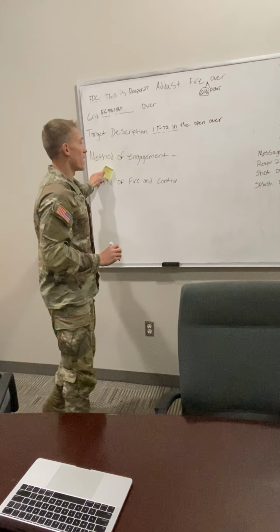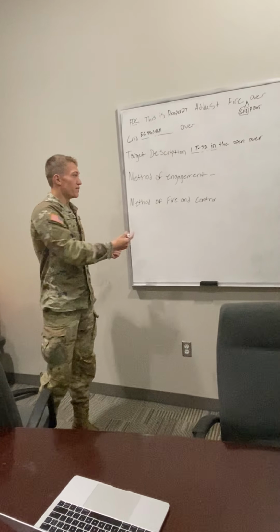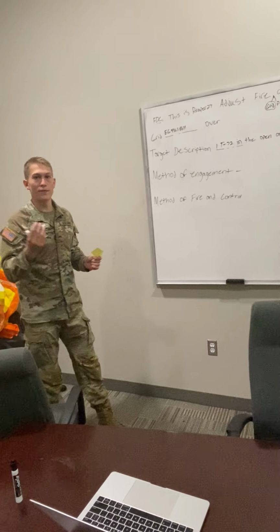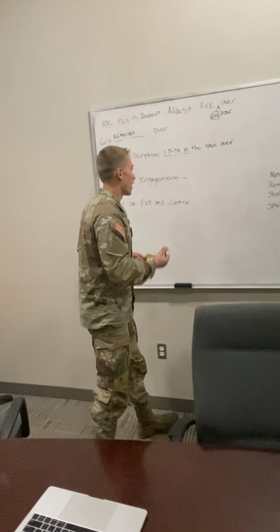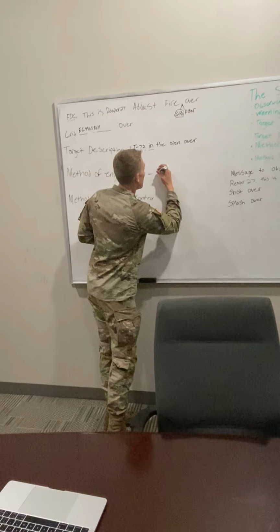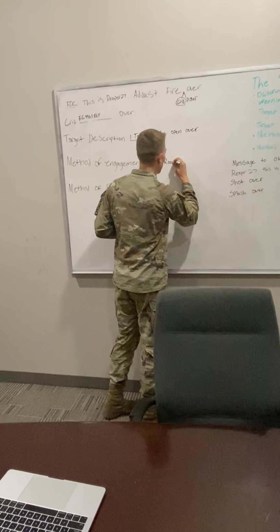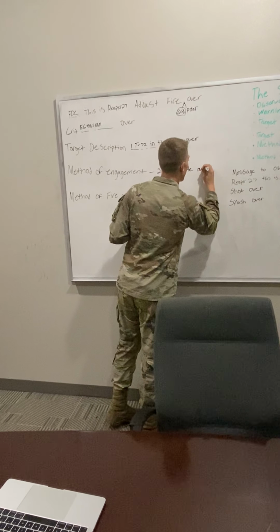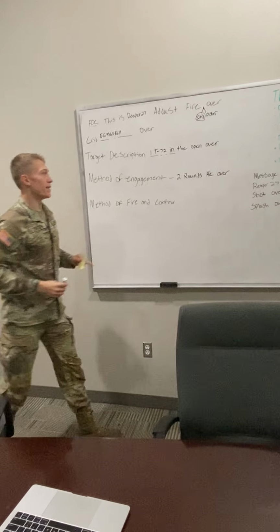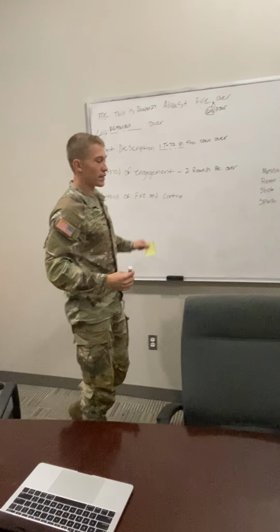And then you'll go into your method of engagement. This is what you're gonna shoot. You can leave this up to FDC's discretion of what they want to use, or you can call it in yourself. I'll just say I'm calling it in myself, and we'll say 2 rounds HE, over. Okay, they'll write that down, they'll get back to you, 2 rounds HE. And then method of fire and control.